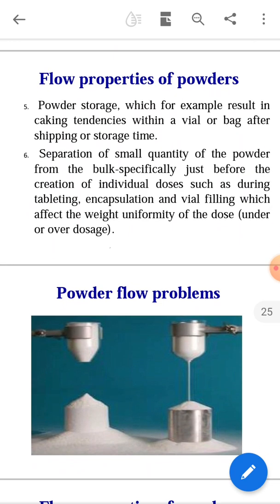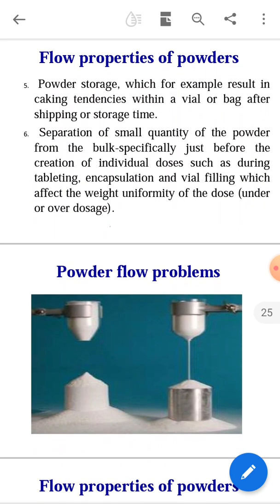Poor flow properties during storage, for example, can result in a caking tendency in the vial or bag after shipping or storage. Separation of a small quantity of powder from the bulk occurs just before the creation of individual doses, such as during tableting, encapsulating, and vial filling, which affects the weight uniformity of the dose.